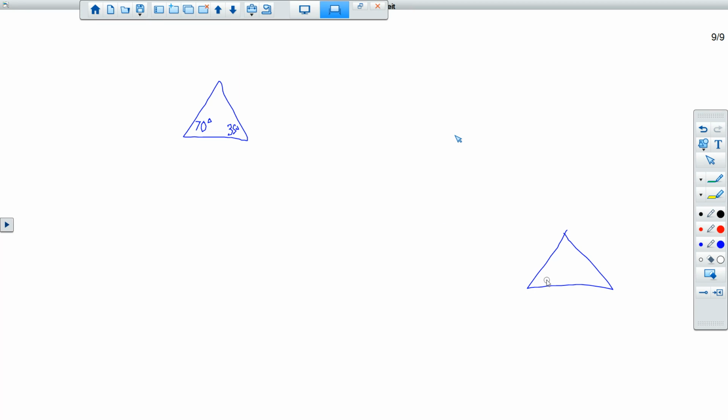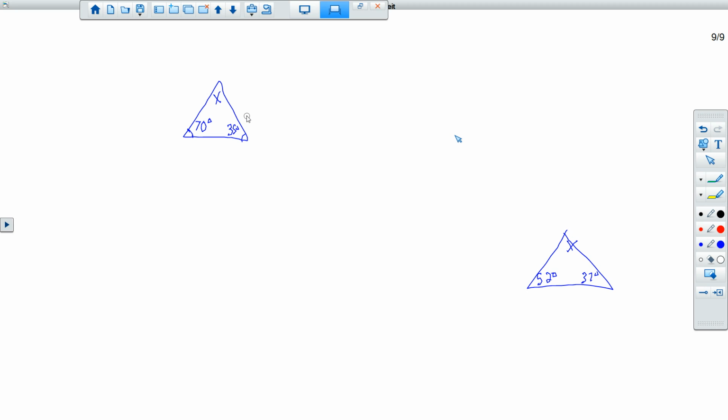And let's say that this one over here was 52 degrees and this one here was 37 degrees. What are the unknowns of X? We're talking about the angles, okay? What would be the unknown of those angles?